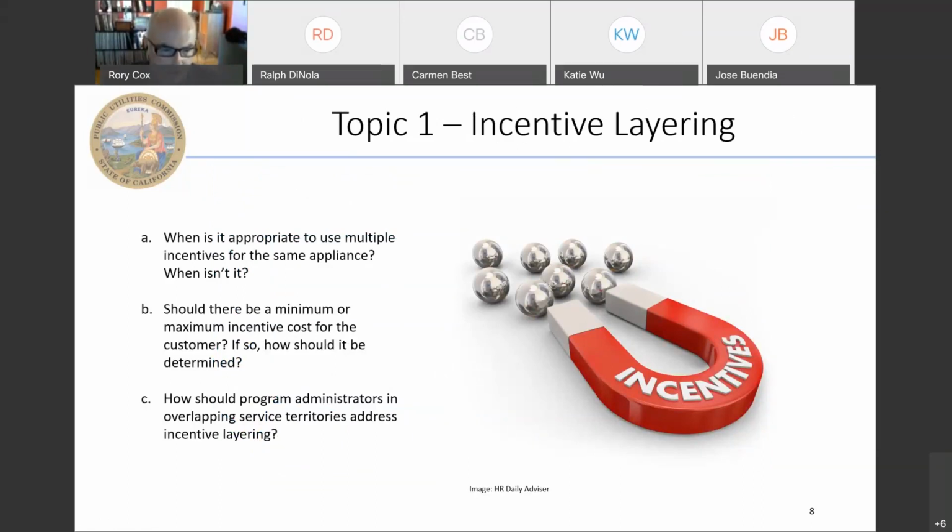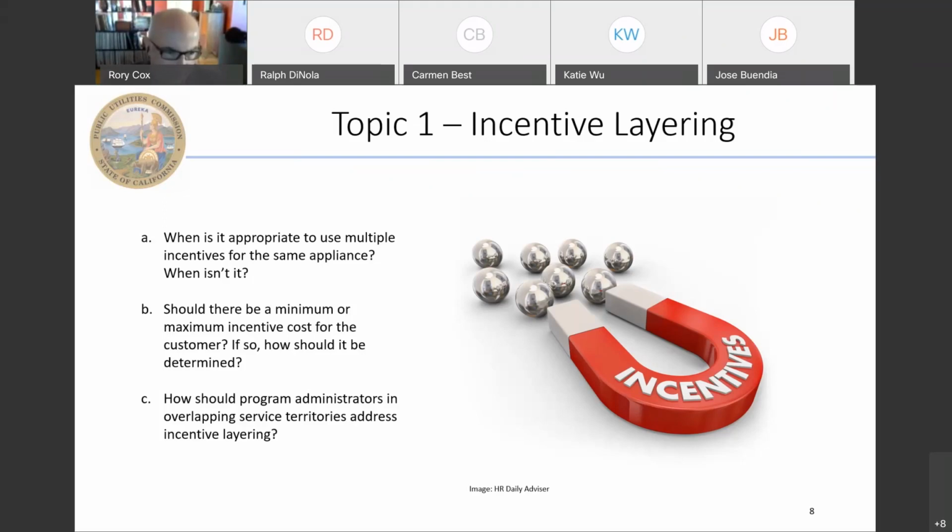These are broken into three main topic areas, and within them are questions that we've discussed with the panelists ahead of time, that they're going to be talking about with some of their ideas. Topic 1 is plain incentive layering. When is it appropriate to use multiple incentives for the same appliance? When isn't it?